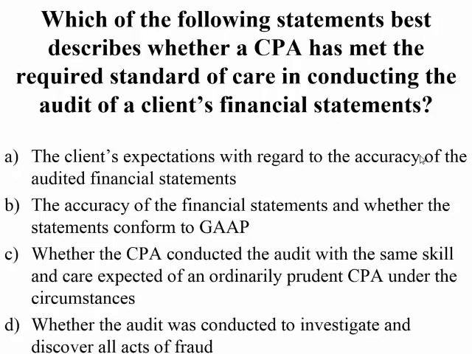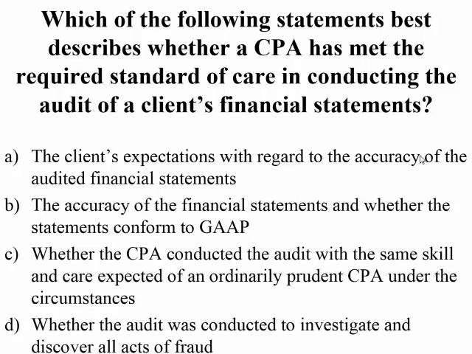And the financial statements can be accurate without the auditor doing anything because the auditor is not the one that creates the financial statements. And then if we look at D, whether the audit was conducted to investigate and discover all acts of fraud. D's not good because, again, looking for one of those big words, all is the key word there.